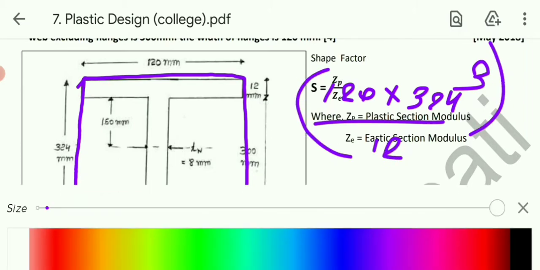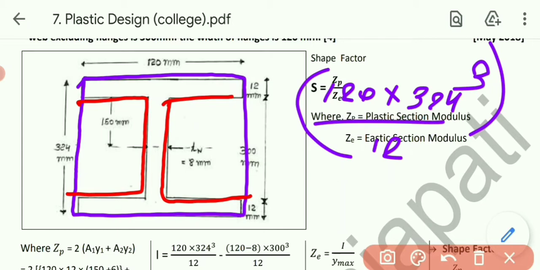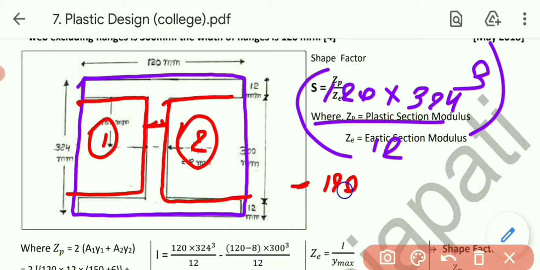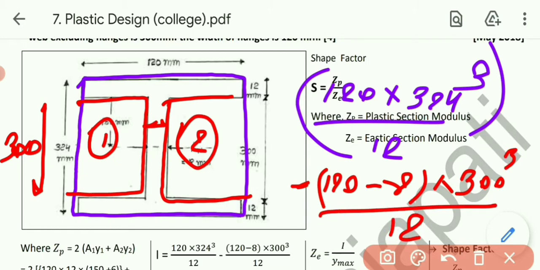Now from this one deduct this portion, this one as well as this one. We need to deduct these two areas from that one. So out of 120, the thickness of web will be deducted. So 120 minus thickness of web, that is 8, whole multiplied by this depth of web, that is 300, so into 300 cube by 12.